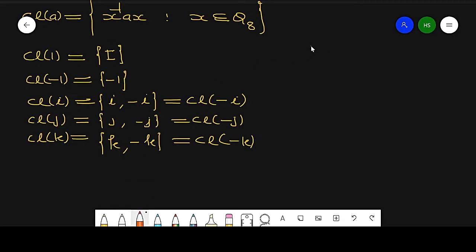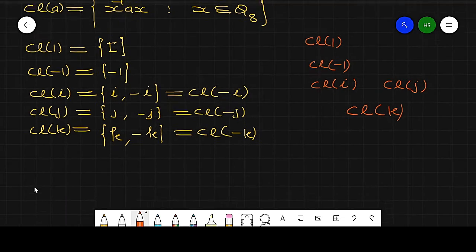So what are the distinct classes? The distinct classes are class of 1, class of -1, class of i, class of j, and class of k. So these are the distinct 5 classes of Q8. Remember that. These 5 elements represent the class equation.